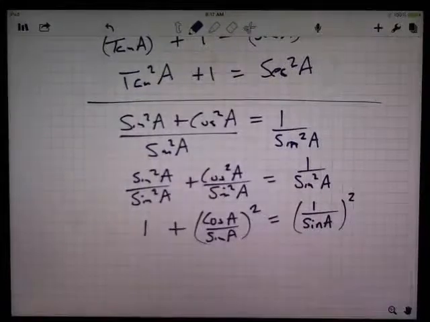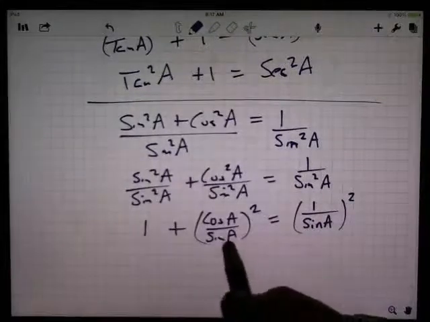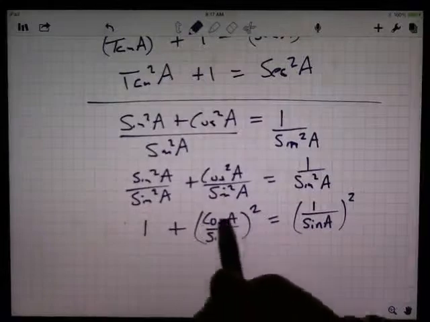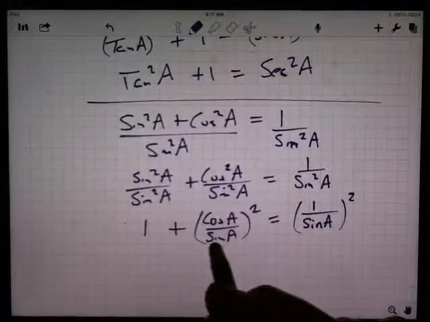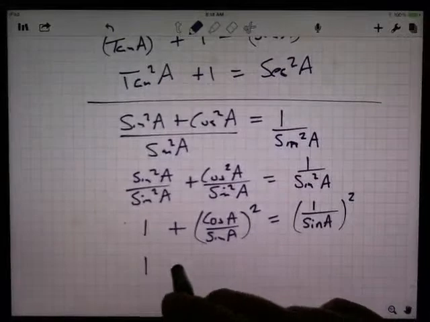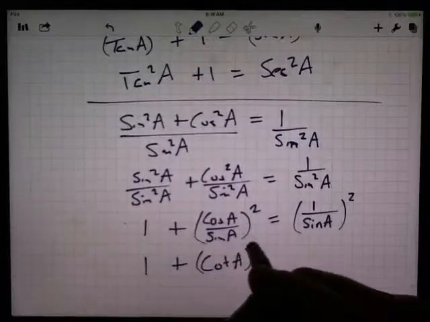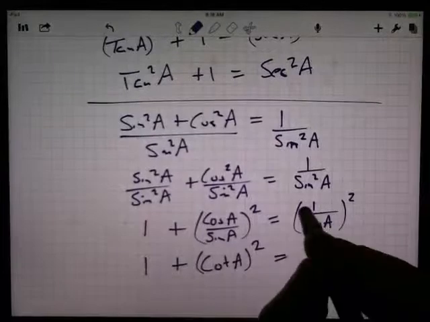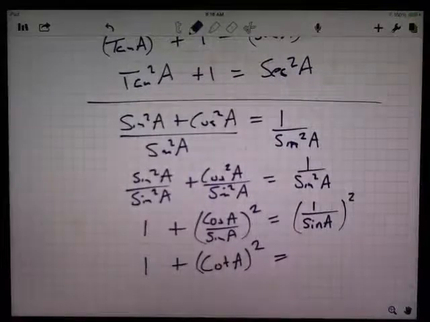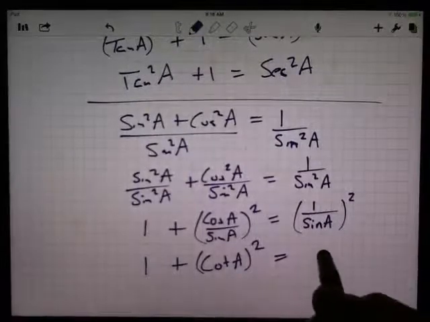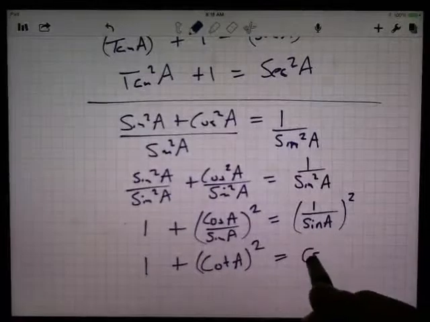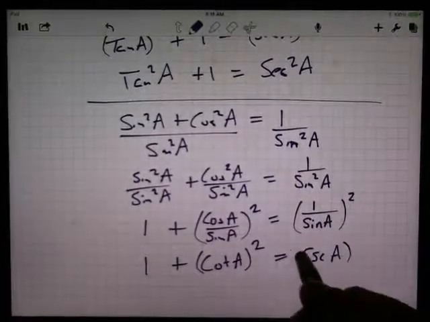So what do we have? Oh yeah, this right here, there's a quotient identity. Cosine of a divided by the sine of a, that's cotangent of a. And that's squared. Inside the parentheses here, I've got 1 over the sine of a. Reciprocal identity tells us that that's the cosecant of a.